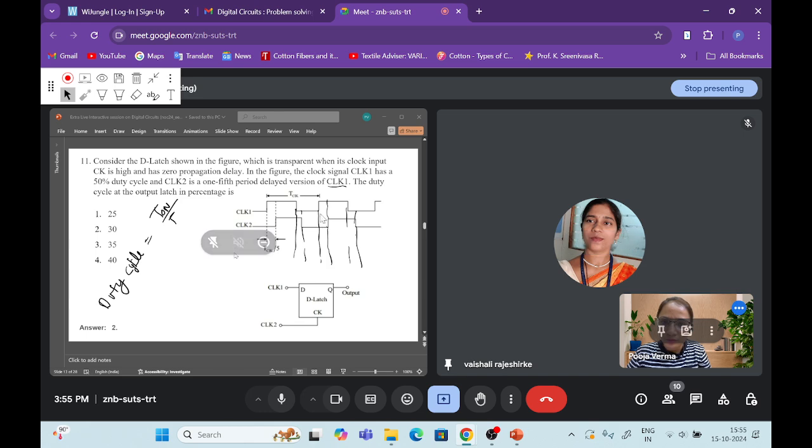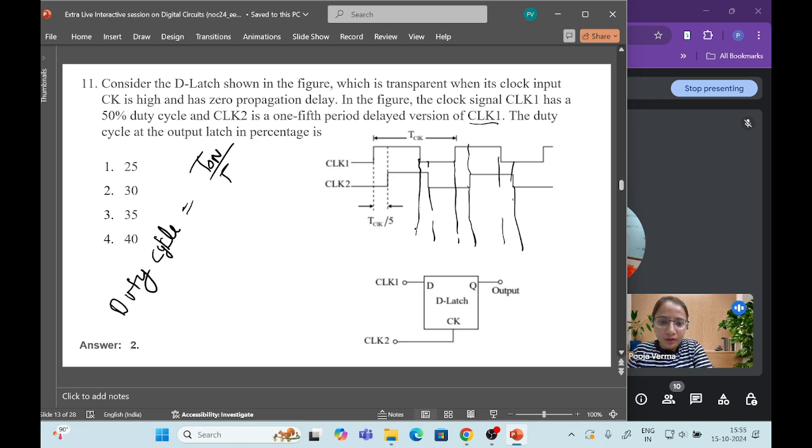Is there any issue? Okay, we will get like this. So we will check for the output where it will be high. In that case, here to here, right? It will be high. Again, it is low, it is high, it is low, so it will be 0 till here. Again, it is 0 till here. Again, it is high in this period.